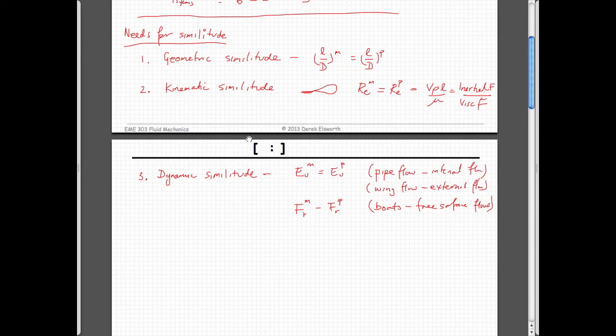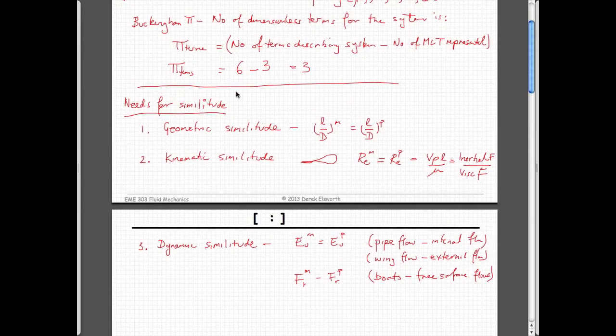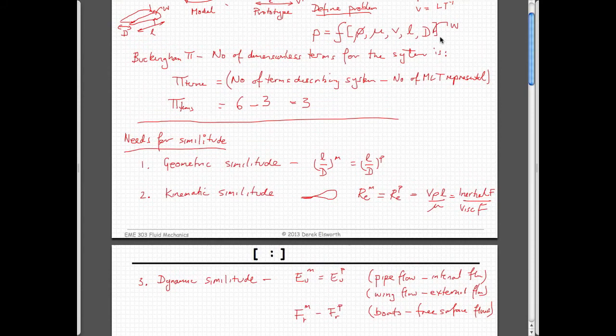So to reiterate, we know from the Buckingham Pi theorem that there should be 3 non-dimensional variables that describe our system, because of just the things that we think are important. We could have added W in here. We could have also added gravity, but for every single term you add, you're going to end up with an extra pi group, so you're going to make your system more complicated.